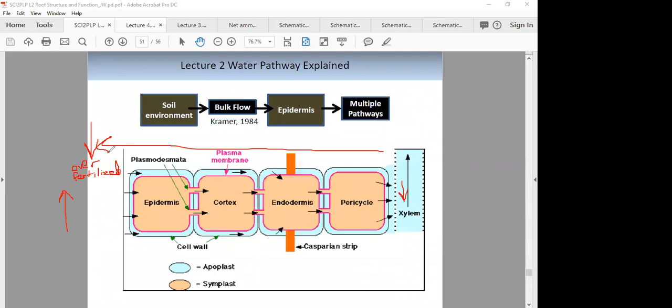Wilt, exactly right. So if the water's been pulled out into the soil solution, because you've got those high solute concentrations, the plant takes on the appearance of drought stress. The plants will look like they need watering because the plants start to wilt. Yeah, drought stress. Okay, so that results from that outward movement of water.